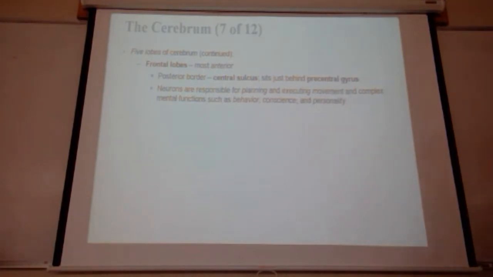Thankfully, we do not do these anymore as a treatment for mental illness. Yes, there might be a reason to do a frontal lobotomy today, but it would not be because somebody had a mental illness.